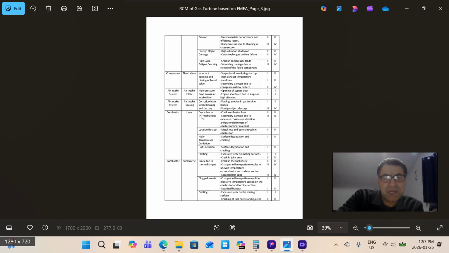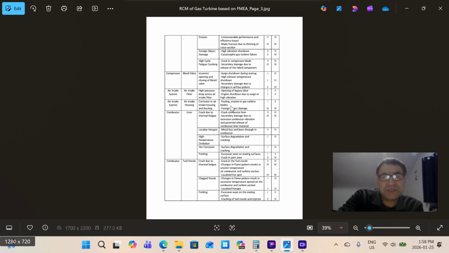Again, air intake system component, air intake housing, failure mode corrosion in air intake housing and ducting.